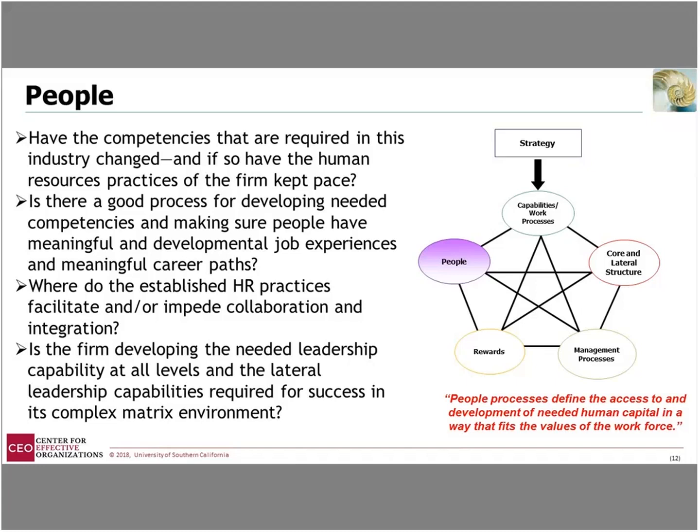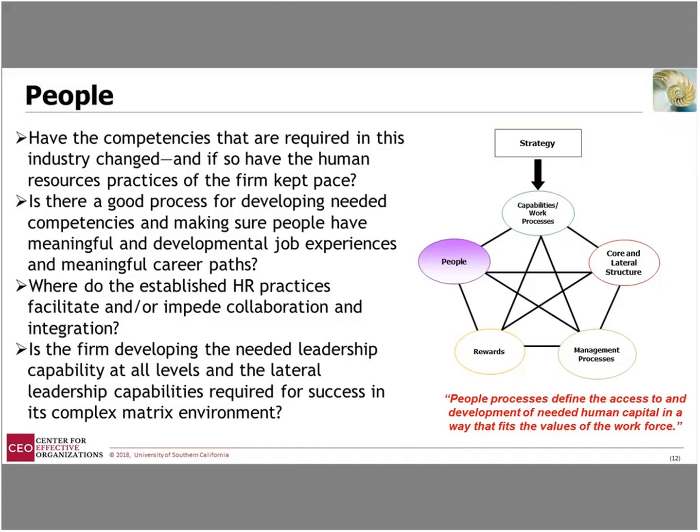And for certain work processes, you want to have certain skill sets. For certain structures, you want to have certain competencies and experiences. Right?